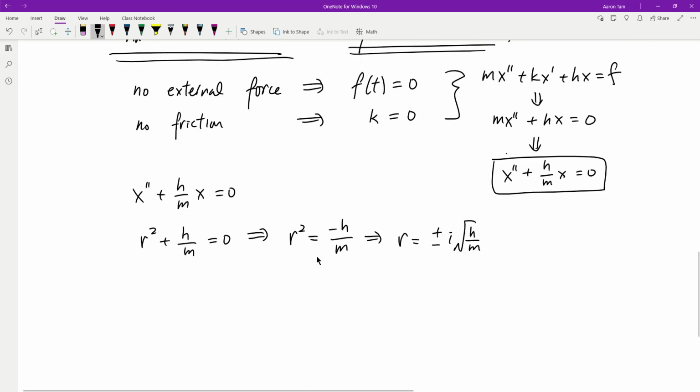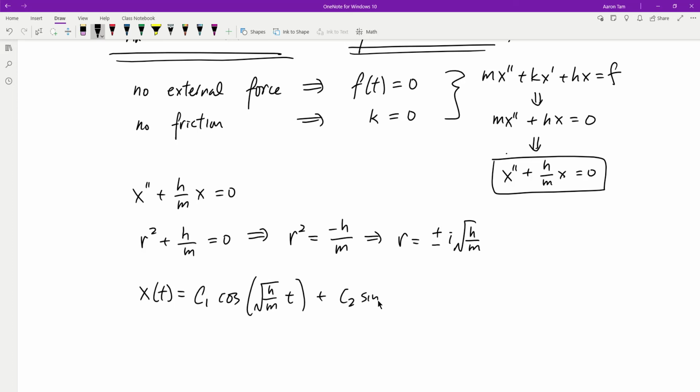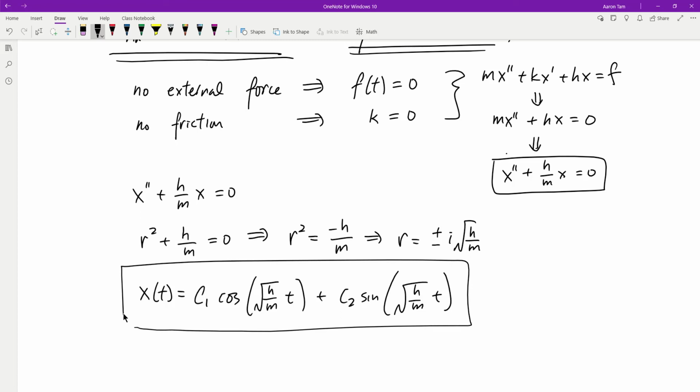And based on that, we now should be able to write out our solution. Our displacement function, x of t, should equal c1 cosine radical h over m t plus c2 sine radical h over m t. So that is our free oscillation differential equation solution.